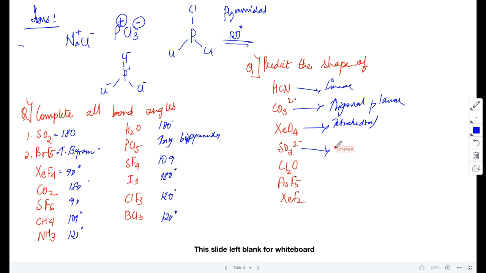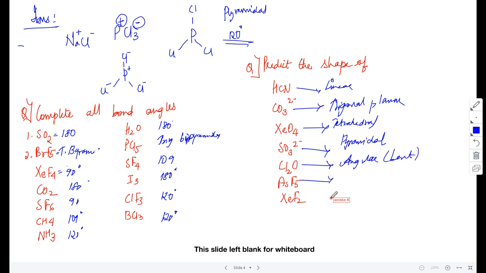A trigonal planar. Okay, in this case for SO3 2-, the shape here is always pyramidal. Would this be linear? Here our central atom is oxygen, so this is angular, or we can say it is bent.